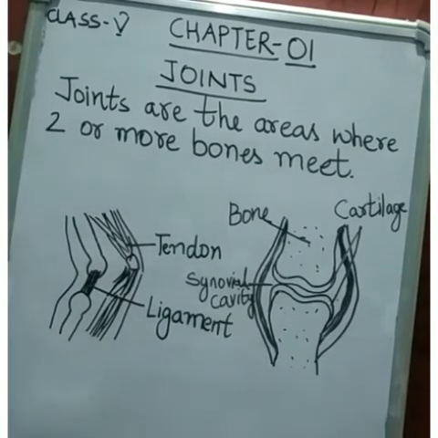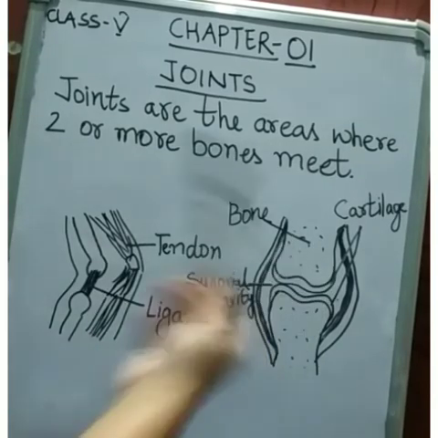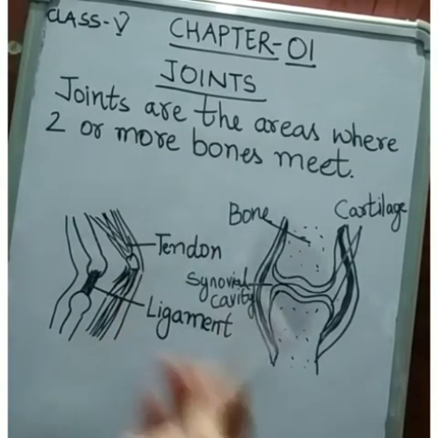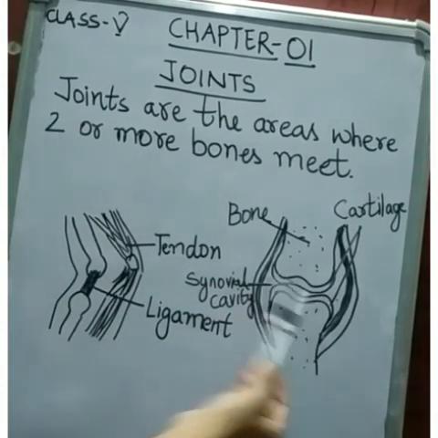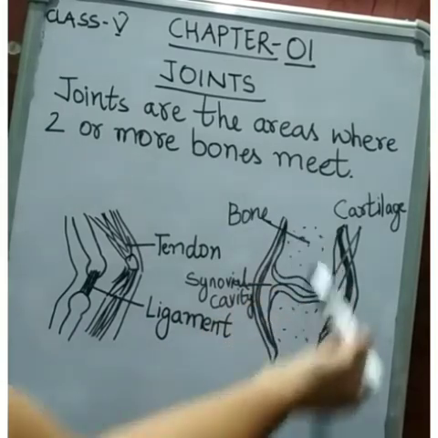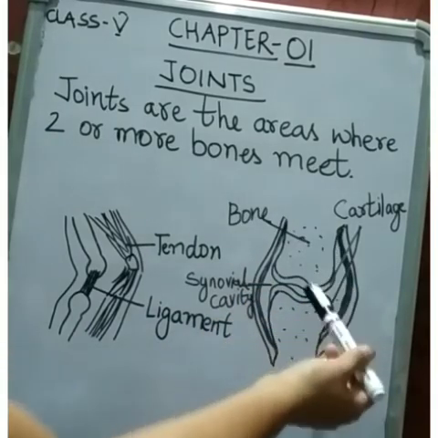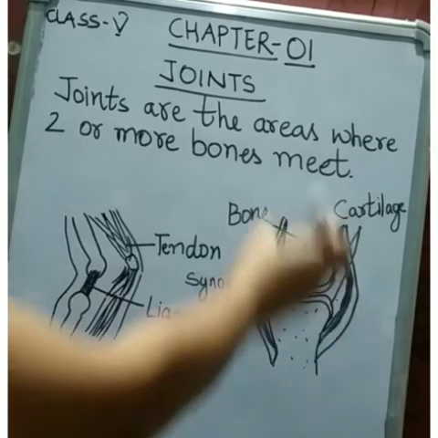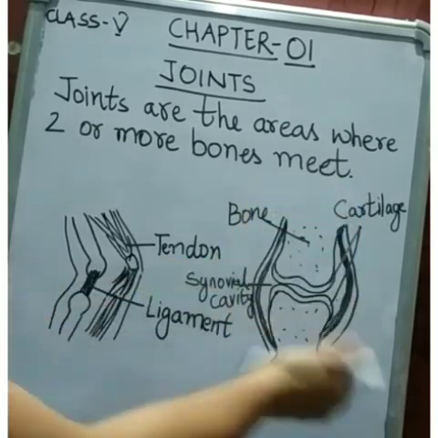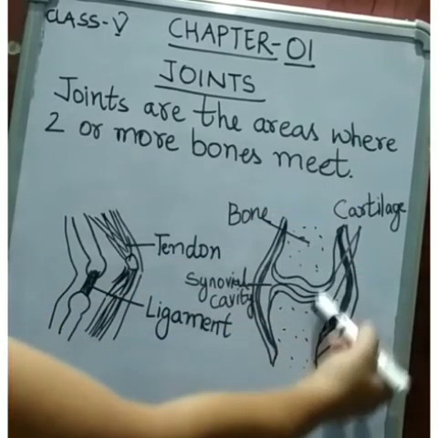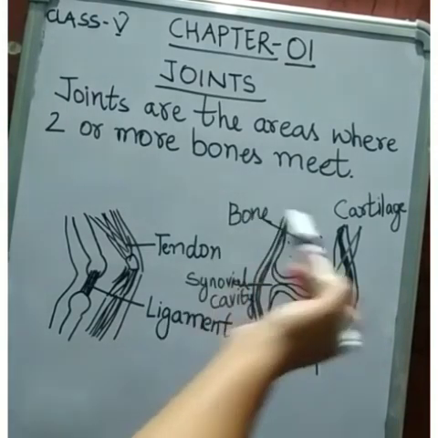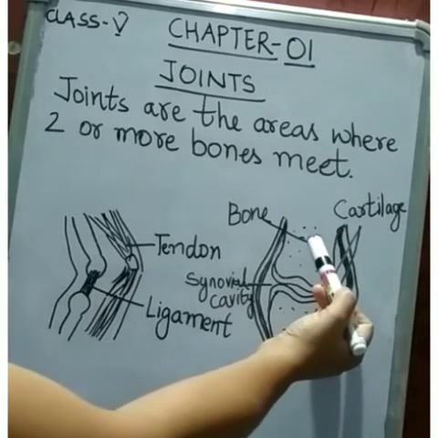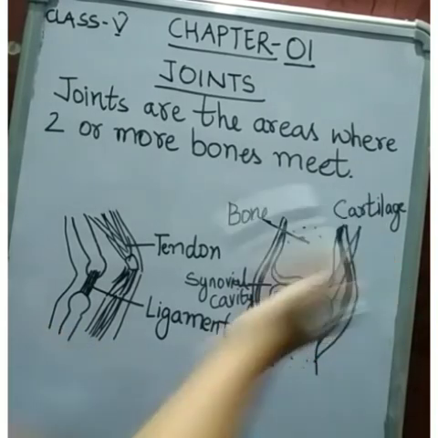Then comes the surface of the bones at the joint. They have a particular type of connective tissue called cartilage. See, this is cartilage. These are two bones, and this is a joint where two bones meet. This layer of connective tissue is called cartilage.